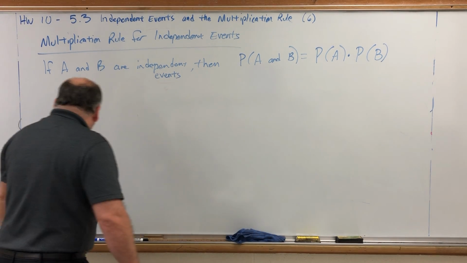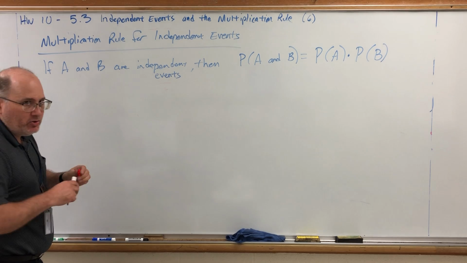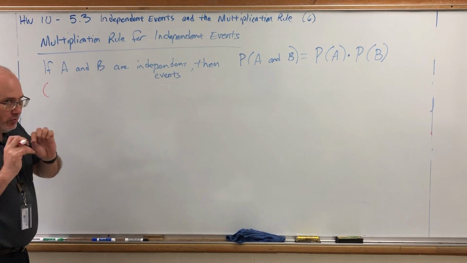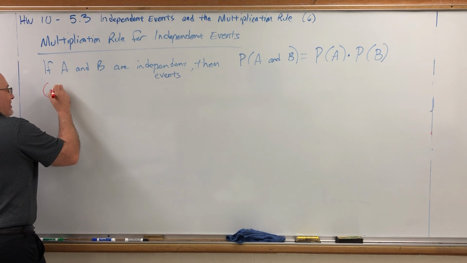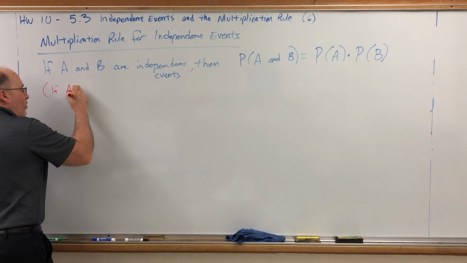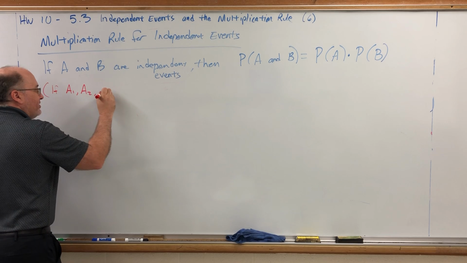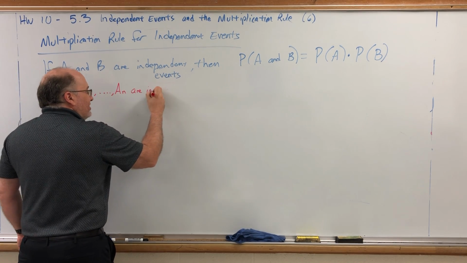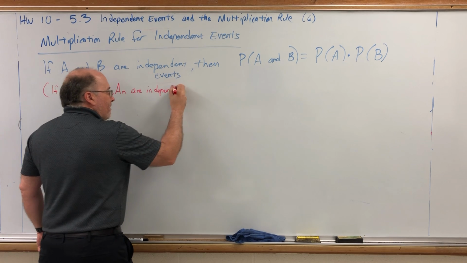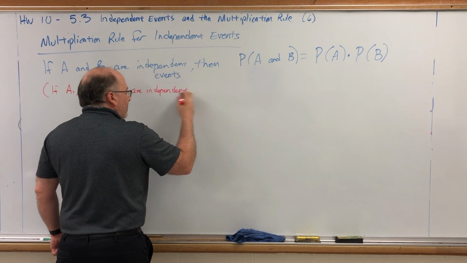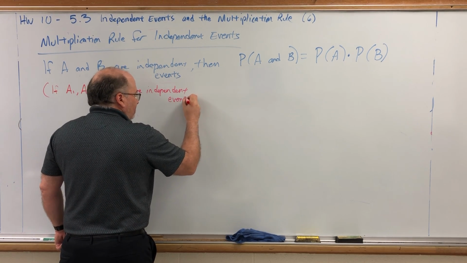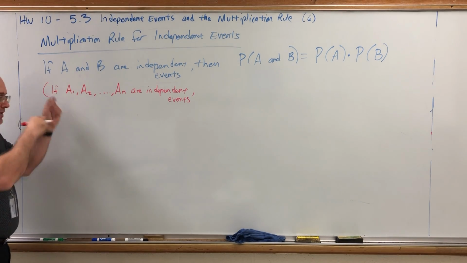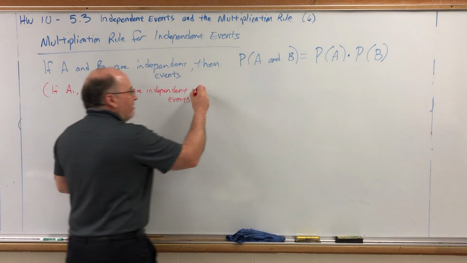And by the way, this extends to more than two events. So a more general multiplication rule for independent events is, if A1, A2, through AN are independent events, and when I say independent, I mean pairwise. If you pick any two of them, they're independent of each other.